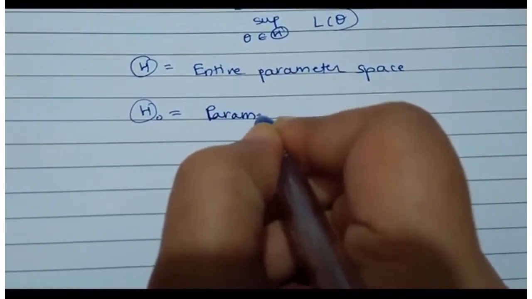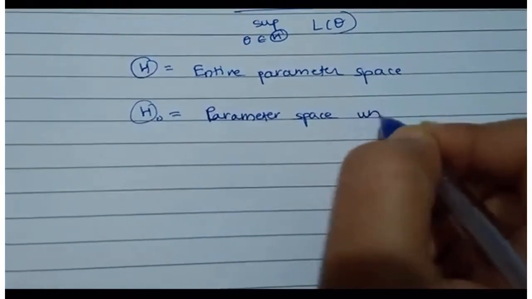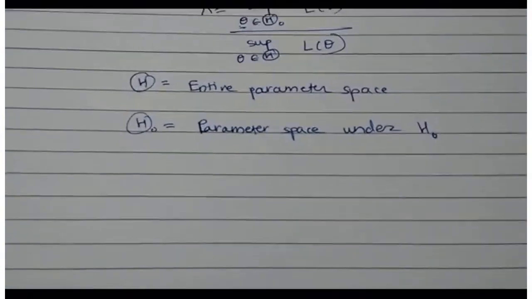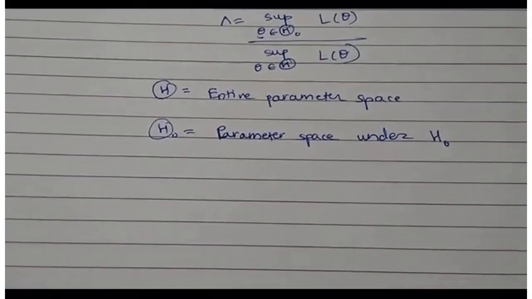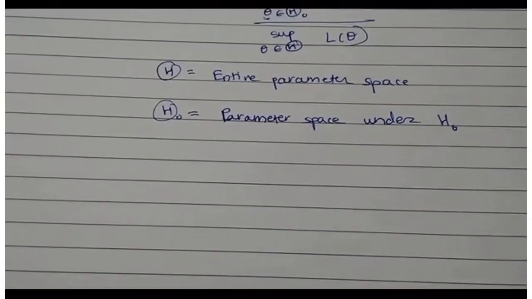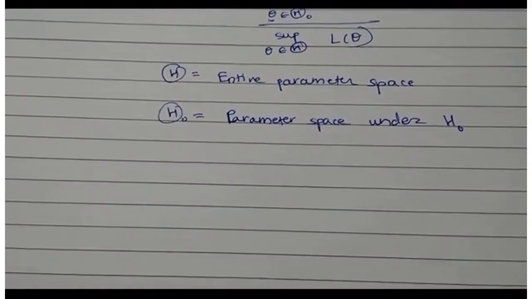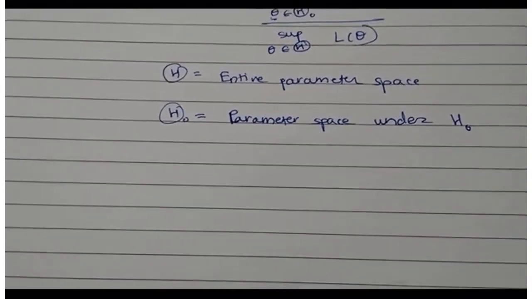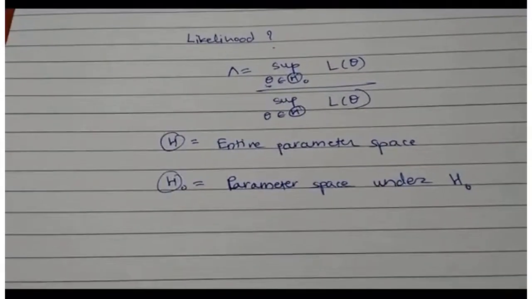So this is the parameter space under H naught. H naught can be anything. If my H naught is, say, mu is positive in the univariate scenario, then my script theta naught becomes the open interval 0 to infinity.